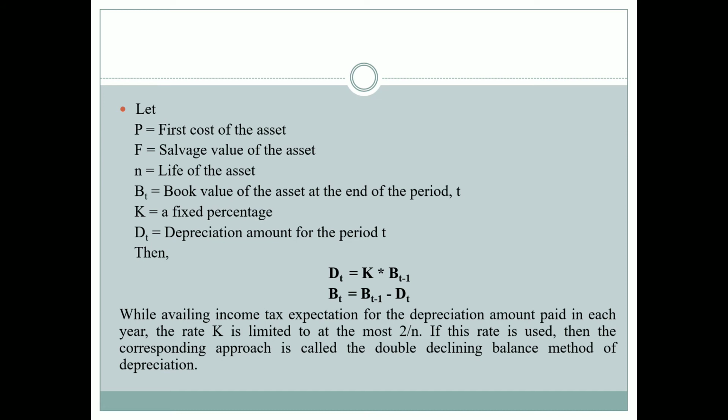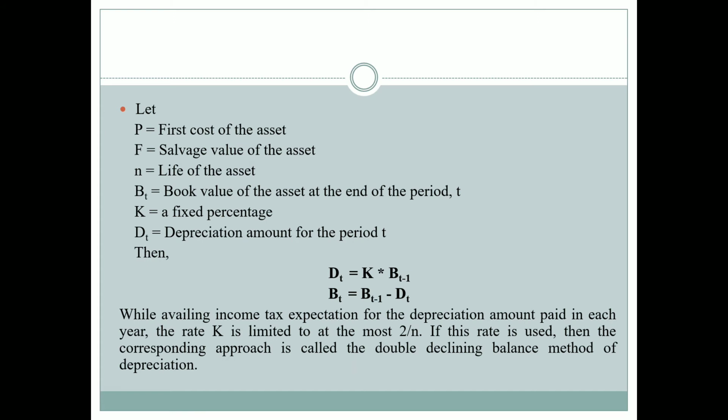So let P be the first cost of the asset, F the salvage value, and N the life of the asset. BT is again the book value of the asset at the end of the period T, where K is nothing but a fixed percentage, and DT represents the depreciation amount. Then DT is equal to K into BT minus 1, where K is a fixed percentage and BT minus 1 is the book value of the asset at the previous time.